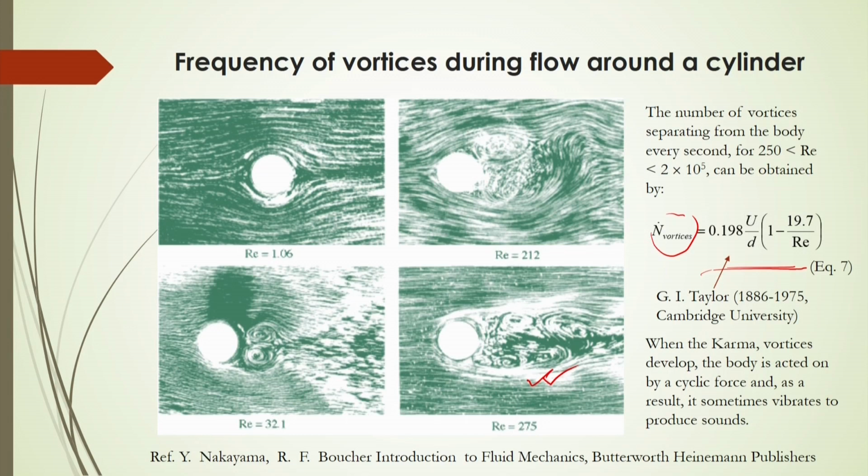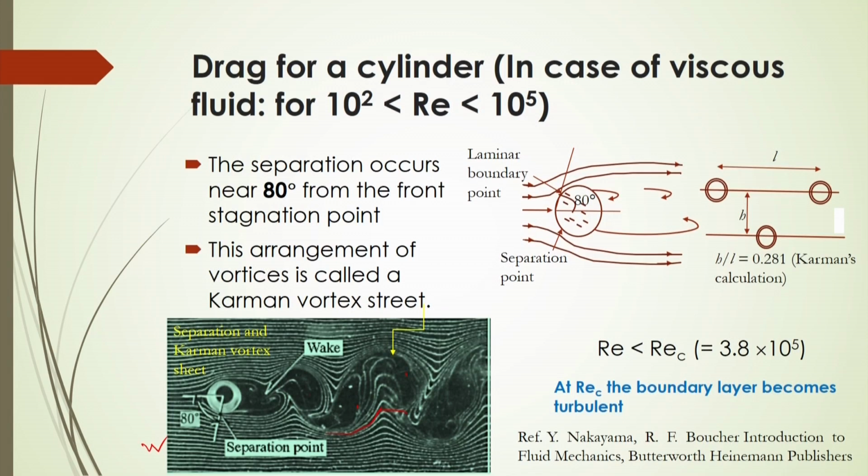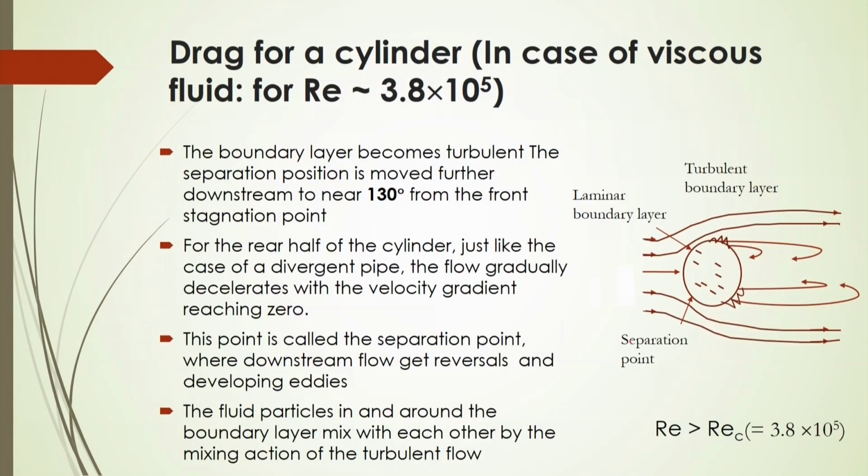And when the Karman vortices developed, the body is acted on by a cyclic force, and as a result, it sometimes vibrates, sometimes it will produce sound. So, in this case we have this Karman vortex street.